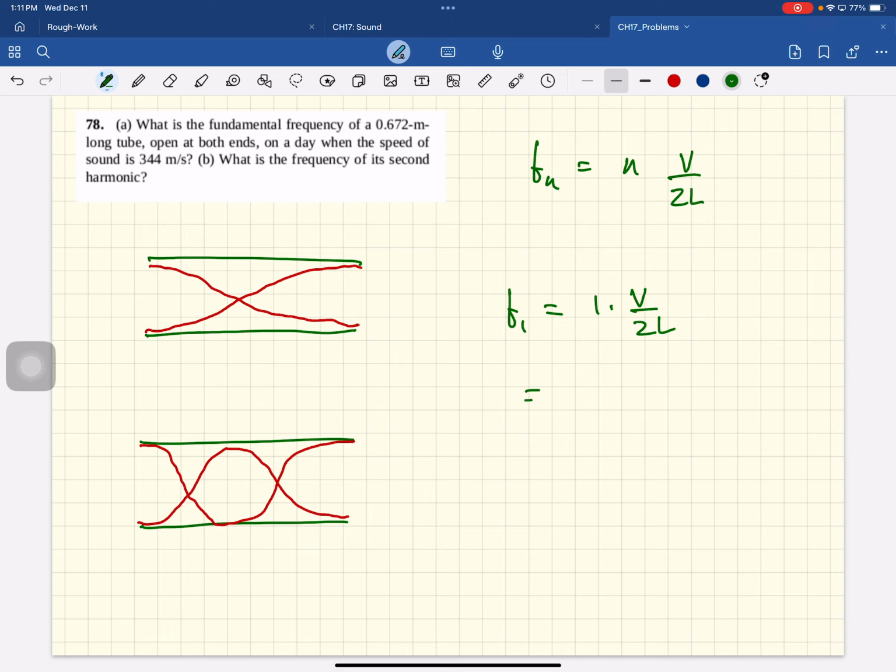Okay, so the speed of sound is 344 meters per second, and 2 times the length of the tube is 0.672 meters.